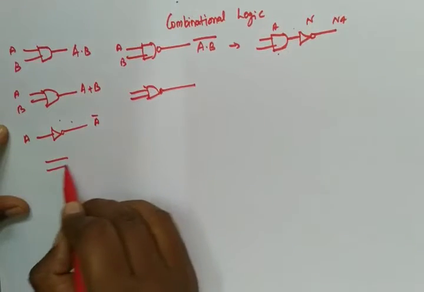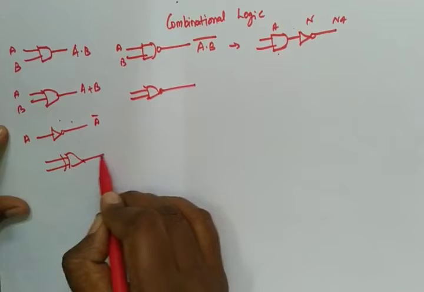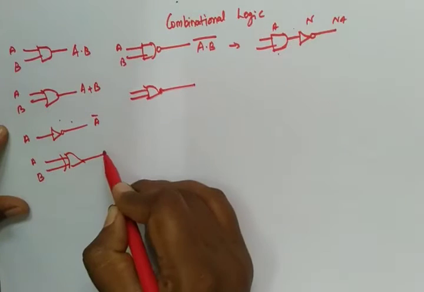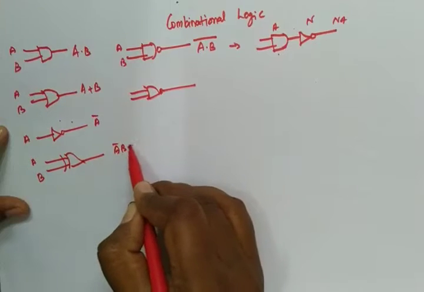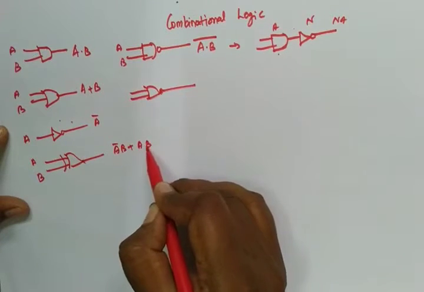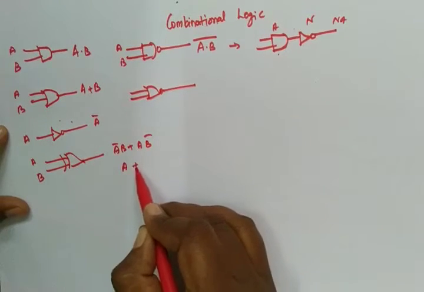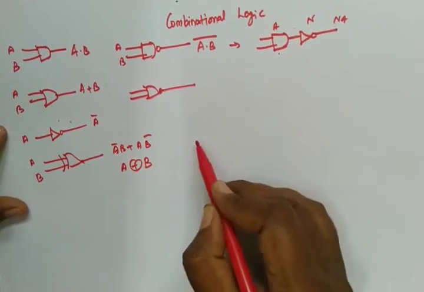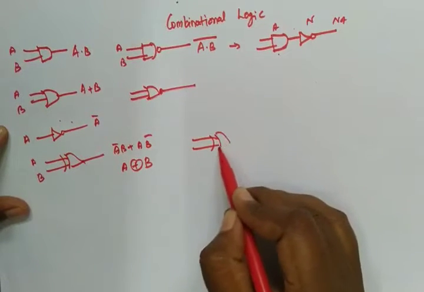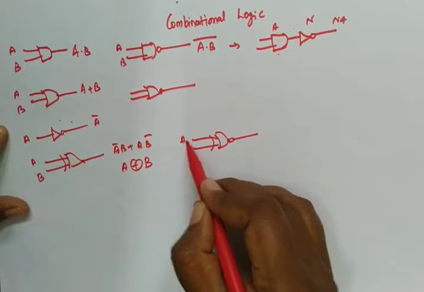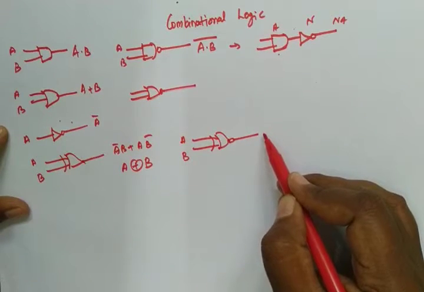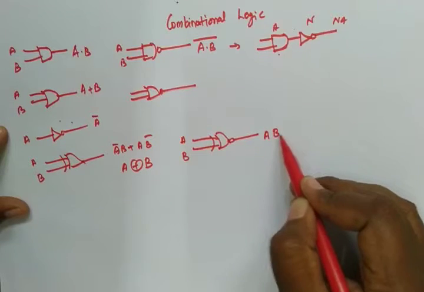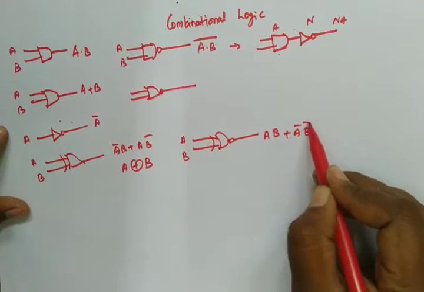Then this is called the XOR gate. So if we have A, B, here the output will be A bar B plus A B bar. We can write this as A XOR B. Now, if you use a NOT gate, a bubble, here, then it will produce AB plus A bar B bar.